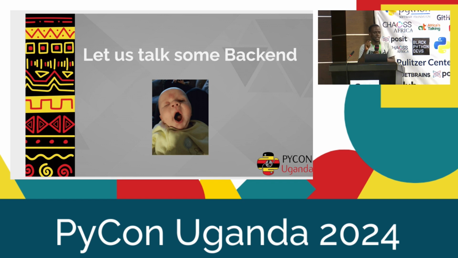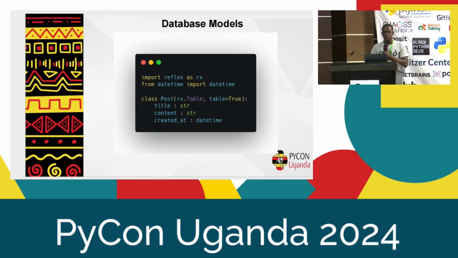So SQL Model is an ORM that allows you to use Pydantic with SQL Alchemy. So when you use SQL Model, you define your classes as Pydantic models, but then you can also add some functionality onto them to act as SQL Alchemy models. You can pretty much do everything you can do on an SQL Alchemy model on an SQL Model table. So Reflex allows us to wrap onto SQL Model to create tables in this fashion.